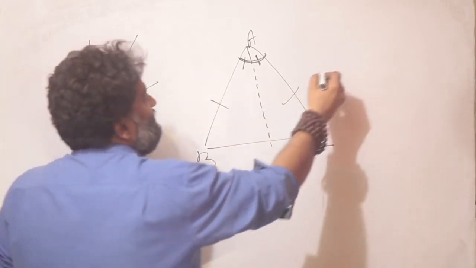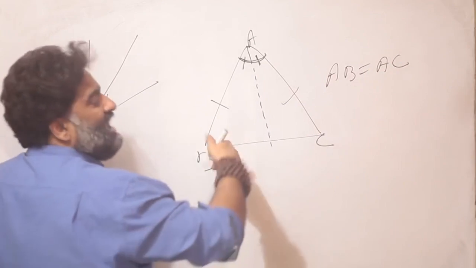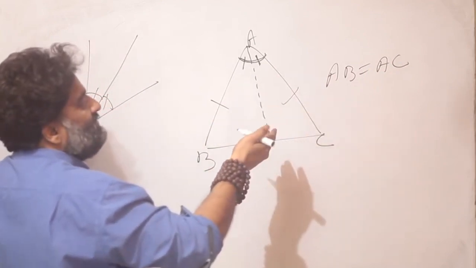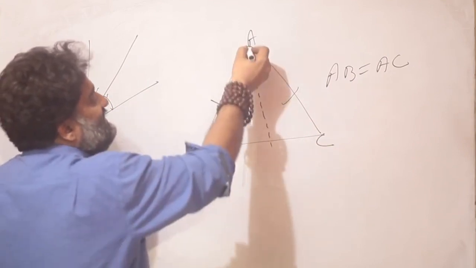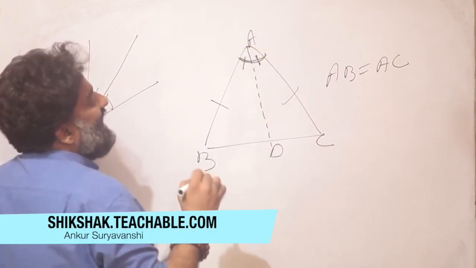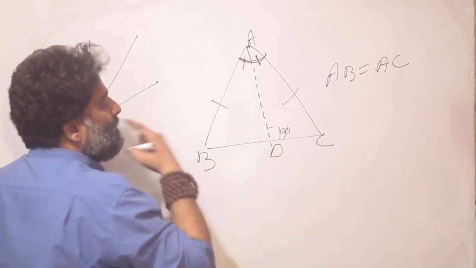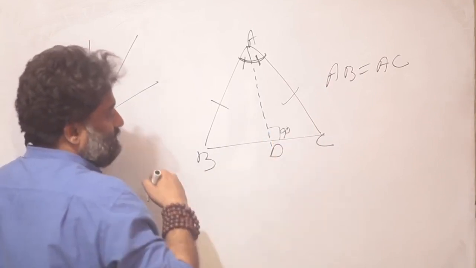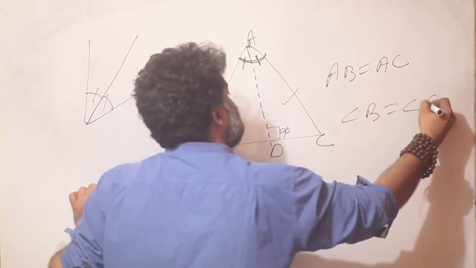So there is a triangle where AB is equal to AC, and once again this is an isosceles triangle, but not going into that detail, staying with the idea of congruence. And this AD is given to me as an angle bisector. Prove that this is 90 degree, or prove that angle B is equal to angle C.